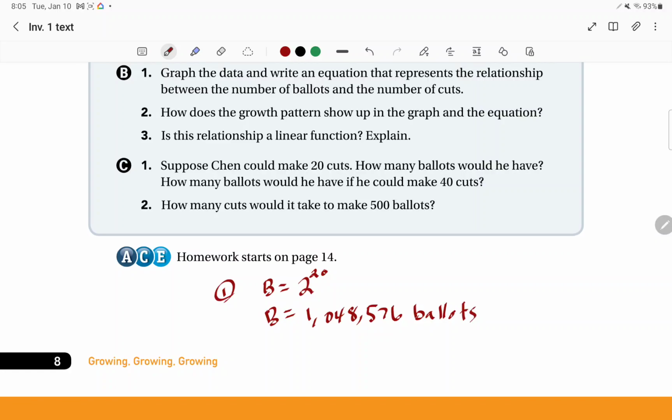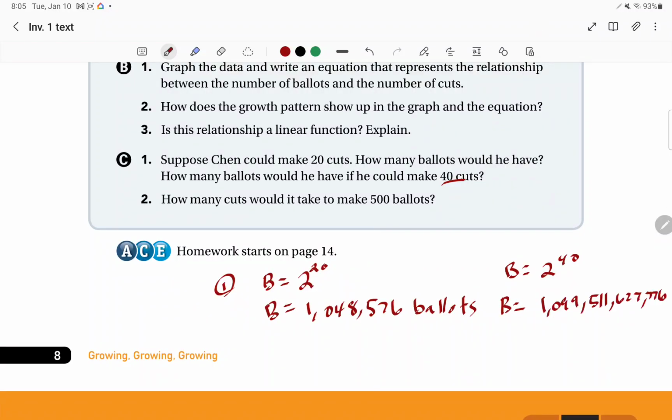Then if he makes, what's the next one? 40 cuts, it would be B is equal to 2 to the 40. Then the number of ballots would be this much. So there's hundreds, thousands, millions, billions, trillions. So you'd have 1,099,511,627,776 ballots.